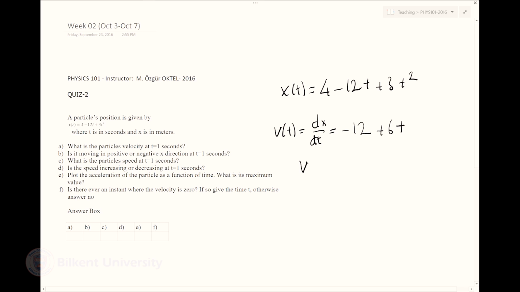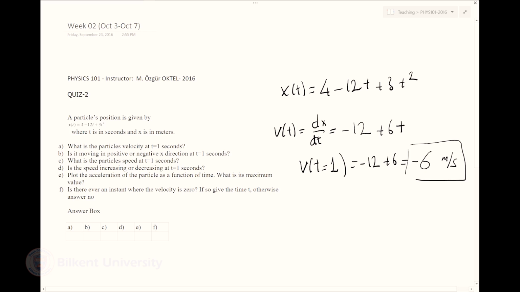But I'm asked to find v at t equals 1 second, which is going to be minus 12 plus 6 equals minus 6 meters per second.